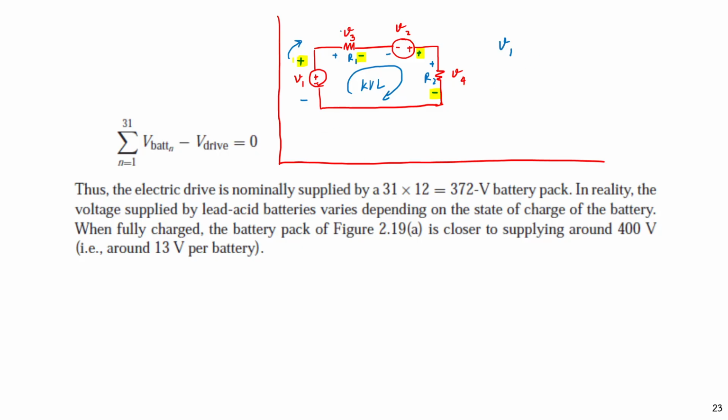V1 is positive, but V3 will be represented in negative form, because the current is flowing out from its negative polarity. And how about V2? V2 is positive V2, like this. And for V4, the voltage across R2, it is negative V4, and the sum is 0. Okay? To solve this circuit with KVL, we can get this equation.